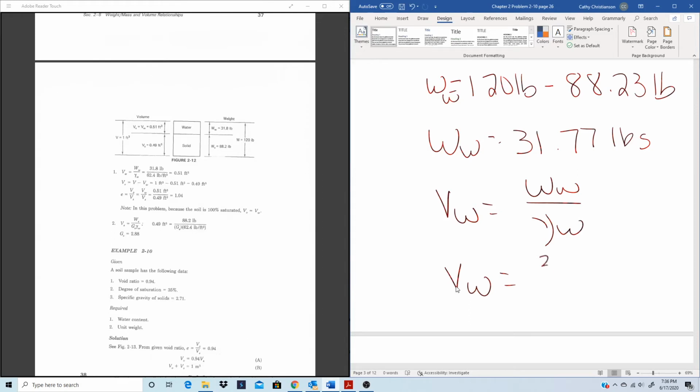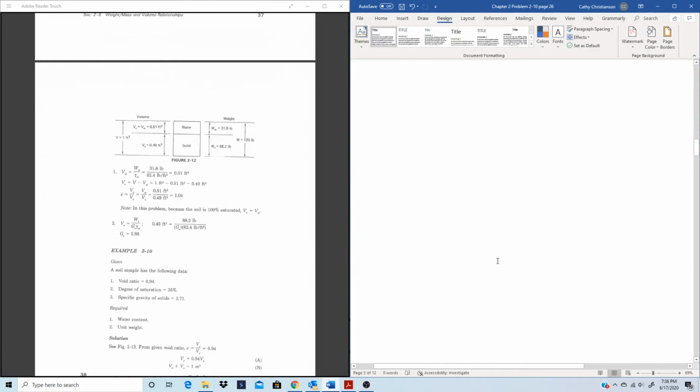So the weight of the water is 31.77 pounds. This is English, so 62.4 pounds per cubic feet. And that will give us the volume of the water. And I got 0.51. Exactly.